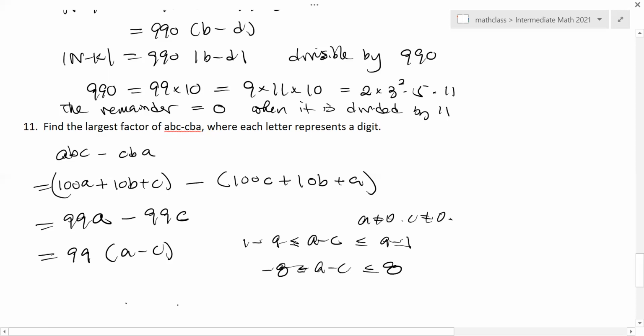So clearly the largest factor is 99. Okay, right. So the answer is 99. There are some factors.